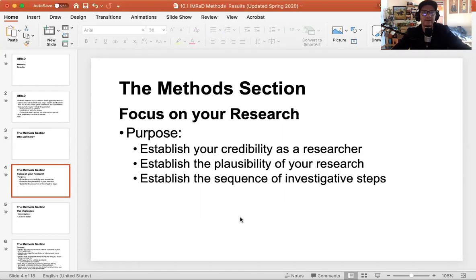But if you think about it, and this is what our textbook, The Scientist's Guide to Writing, explains, hopefully you read the required chapters on these sections, our author mentions that a really small portion of people end up trying to replicate your results out of all the people that read it.